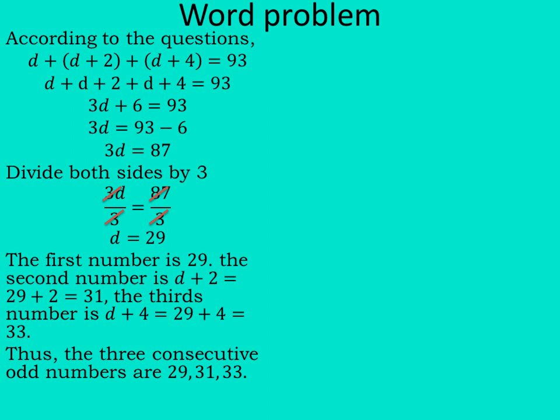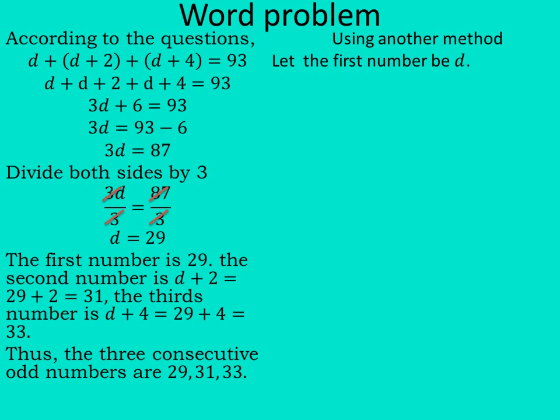So I'm going to show you how we can solve the same problem with a different approach. So using another method, let the first number be d. In the previous method we said let the first number be d, then the second and third numbers will be d plus 2 and d plus 4.